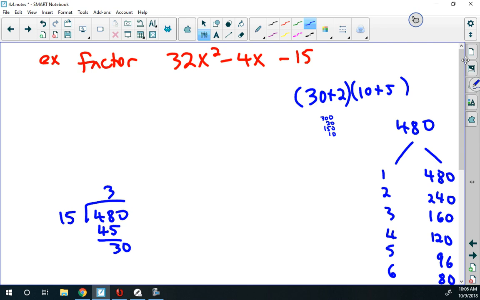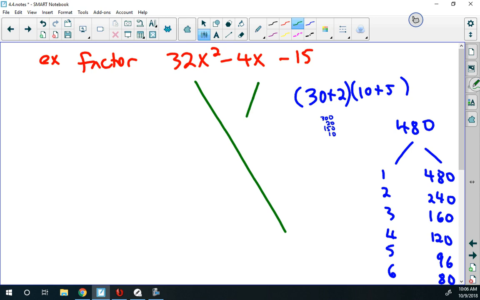So what technique do we want to use? Do we want to use the magic X? Or do we want to use guess and check? Or do we want to use factor by grouping? Which one? Magic X? Okay. So the magic X says I got a product of negative 480.